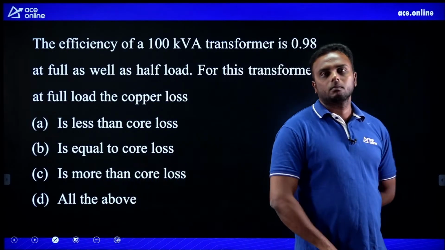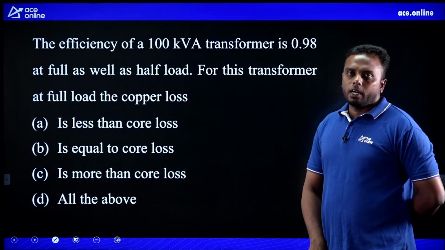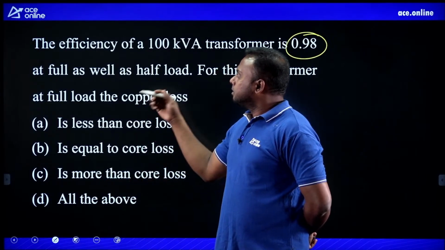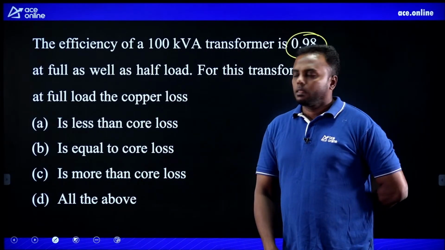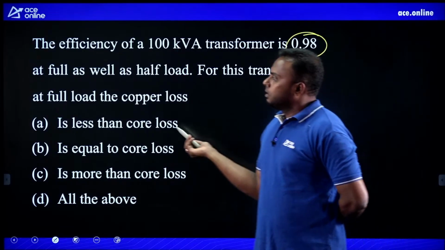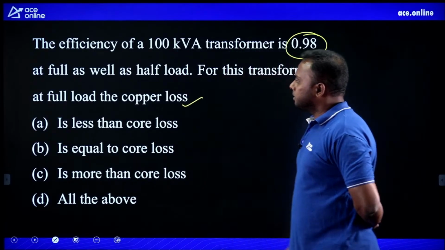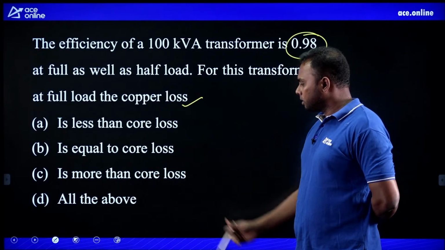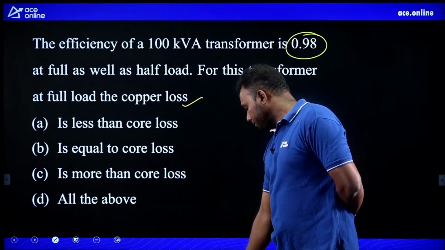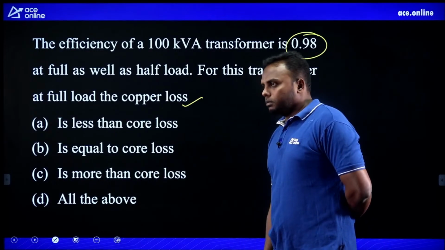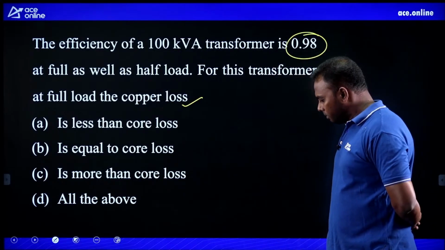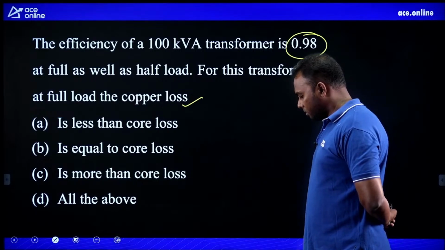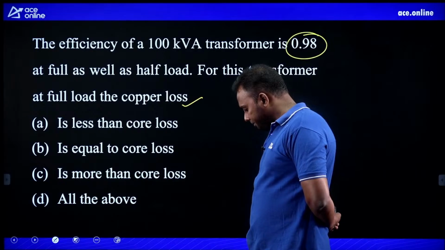See this question. The efficiency of a 100 kVA transformer is 0.98 at full load as well as half load. For this transformer, at full load, the copper loss is dash: equal to, less than core loss, equal to core loss, more than core loss, all the above. What is the answer?